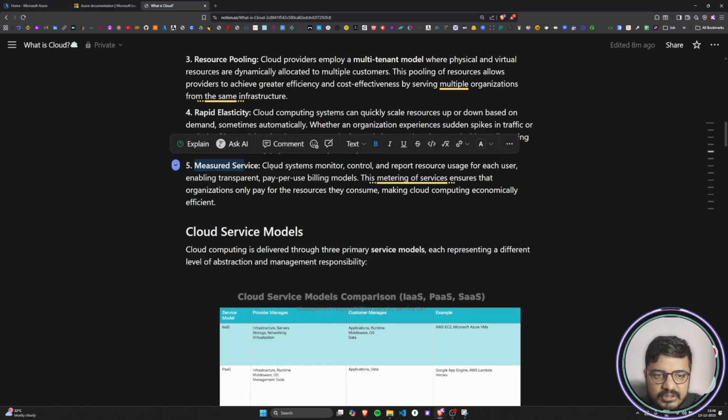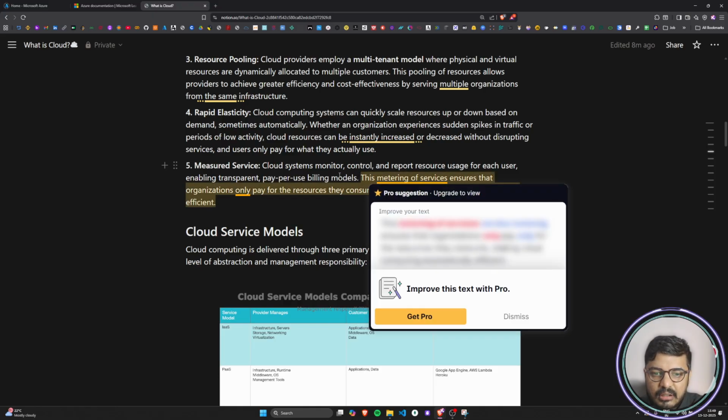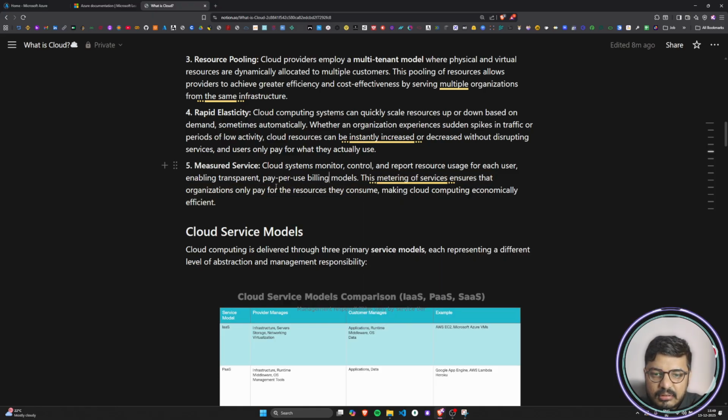Then measured service. Cloud systems monitor, control, and report resource use for each user, enabling transparent pay-per-use billing models. This metering of service ensures that organizations only pay for the resources they consume, making cloud computing economically efficient.